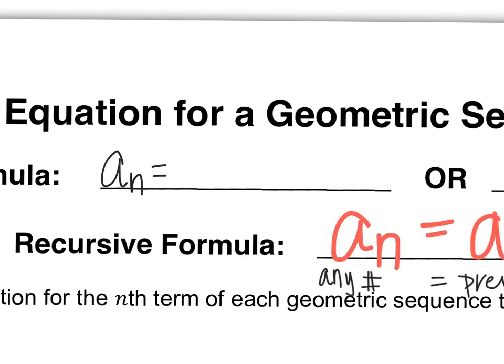To find any term in the pattern, you take a1, the first term, times r, the common ratio, to the n minus 1 power. So it's the first term times the common ratio to the n minus 1 power.